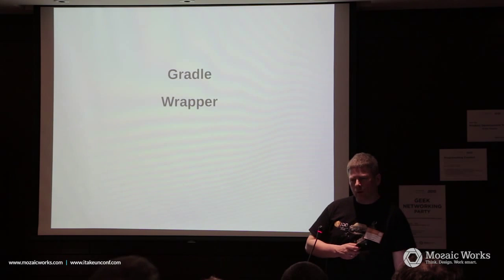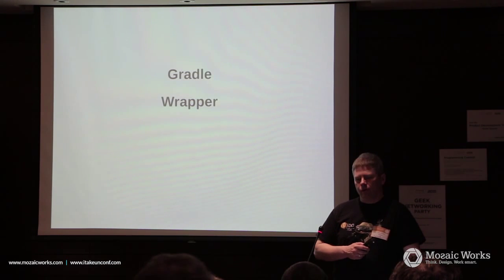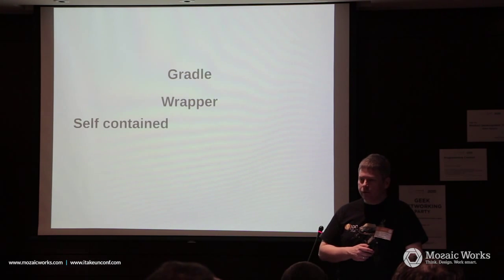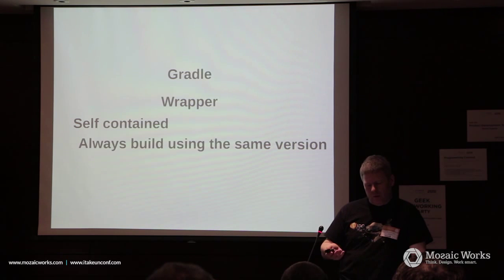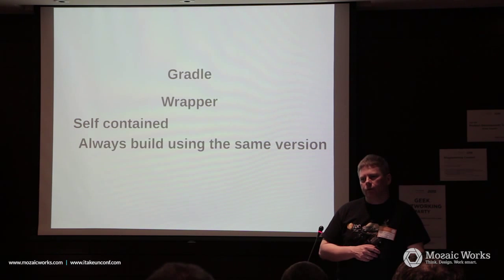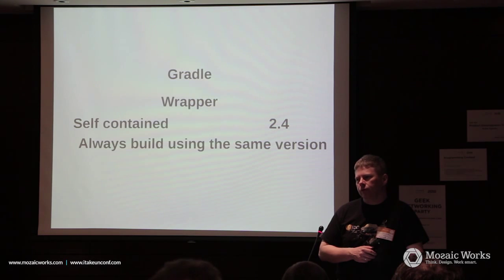This means that everyone will use the same version. So it's self-contained. You can't say, oh, I used the wrong version of Gradle, because you don't. And in this case, I will be using the latest version, which is 2.4, released a couple of weeks ago or something.